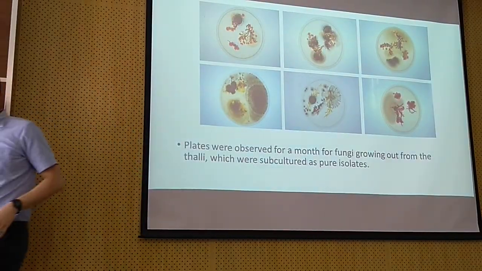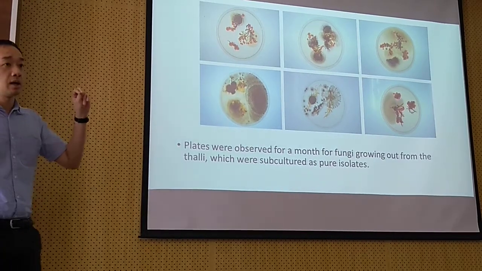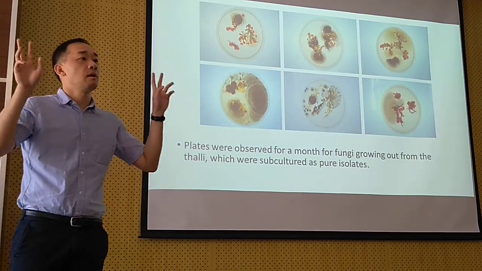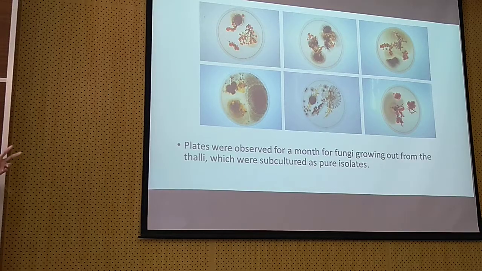Because this is the isolation, we have to identify them. Yesterday I told you about the barcoding gene: to identify the fungi, you use the barcoding gene, because different fungi have different barcodes, based on the internal transcribed spacer region of the ribosomal RNA gene.